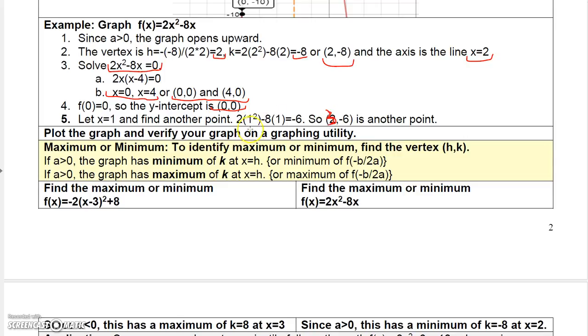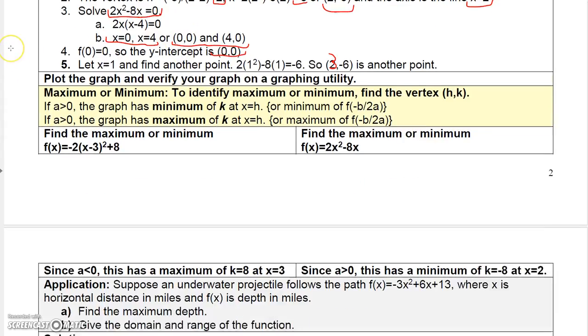So I know 1 unit to the left of the vertex, I'm going to get negative 6. Then I know 1 unit to the right of the vertex, which is 3. That's an ugly 3, isn't it? 1 unit to the right of the vertex, I'm going to get negative 6 as well. So anyway, you can plot those points and graph the parabola yourself.